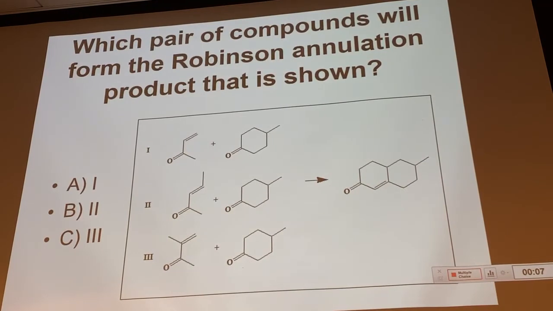So let's go ahead and do this iClicker question. And we don't have a ton of time, so we do want to finish this iClicker question off, hopefully in the next 20 or 30 seconds.